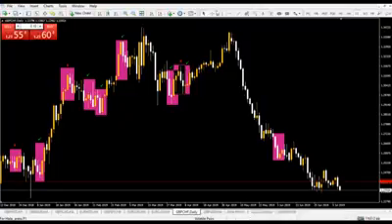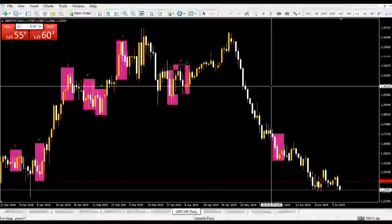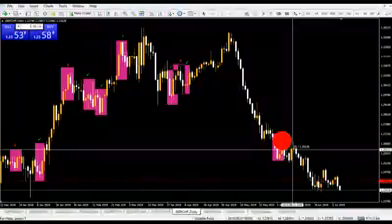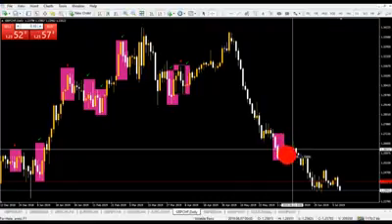So here we would have jumped in the market and been in profit for about 32 pips. If you're scalping it for 20 pips, then that would have worked for you. But if not, then eventually we would have got stopped out somewhere over here.